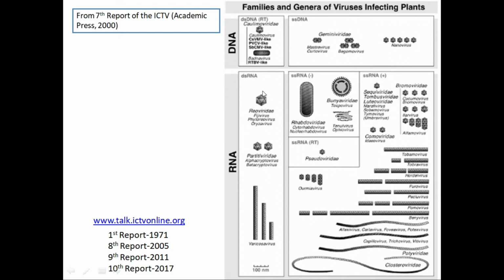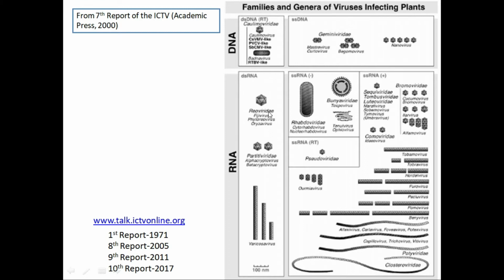Okay. Then RNA viruses. Most of the plant viruses are RNA viruses, and among RNA viruses we have double-stranded RNA genome and also single-stranded RNA genome. So this box indicates the number of plant viruses with a double-stranded RNA genome.